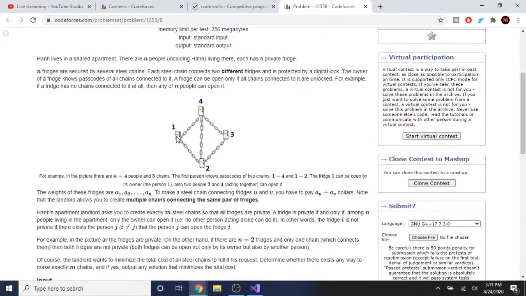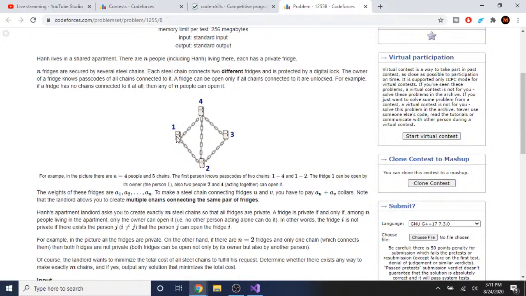That's a big question. So the owner of the fridge knows all the passcodes connecting to it. The fridge can be opened only if all chains connected to it are unlocked. For example, if a fridge has no chains connected to it, then any of N people can open it.